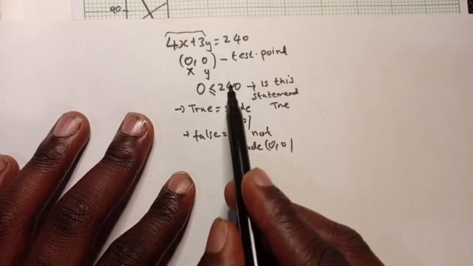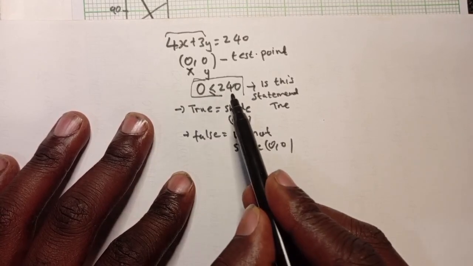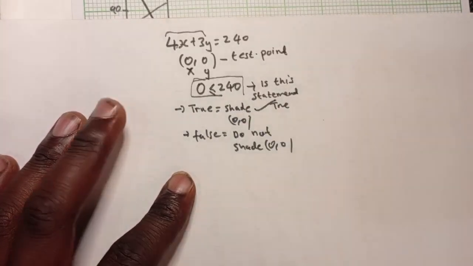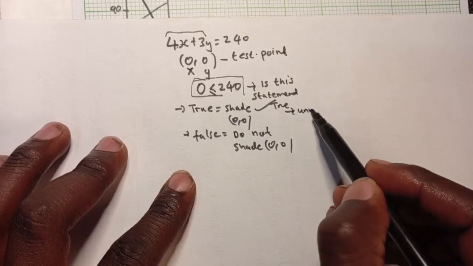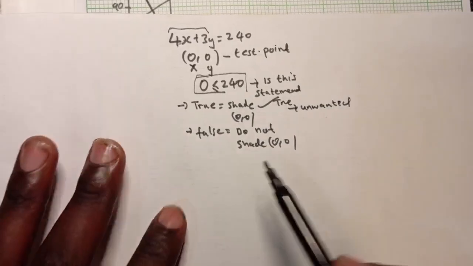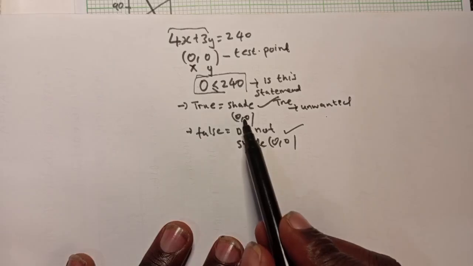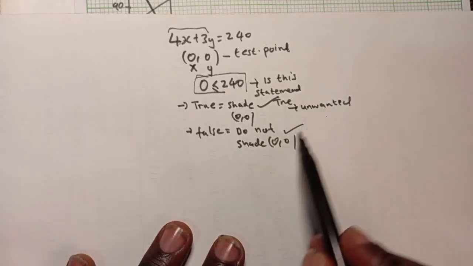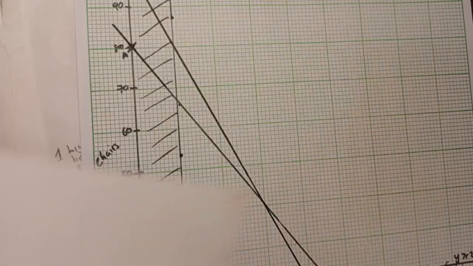Now, according to our inequality here, 0 is actually less than 240, which is true. But remember, we want the unwanted region. So here this tells us we should shade 0, 0, but since we want unwanted, we're not going to shade it. We will do the opposite, the false.